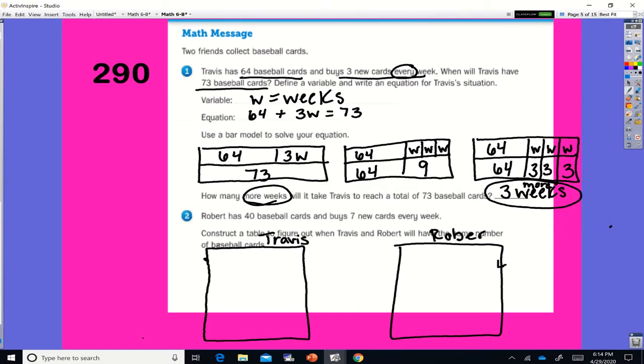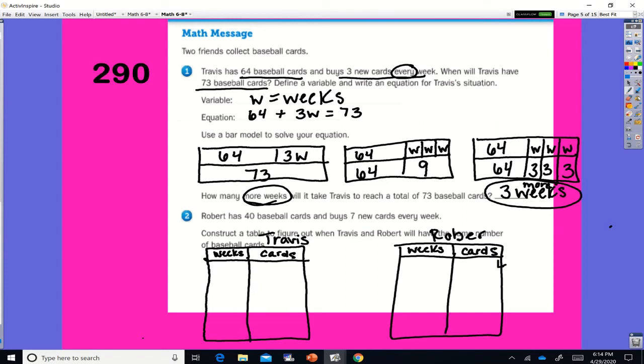Now I'm going to have my weeks here and the number of cards on this side. Weeks and cards.